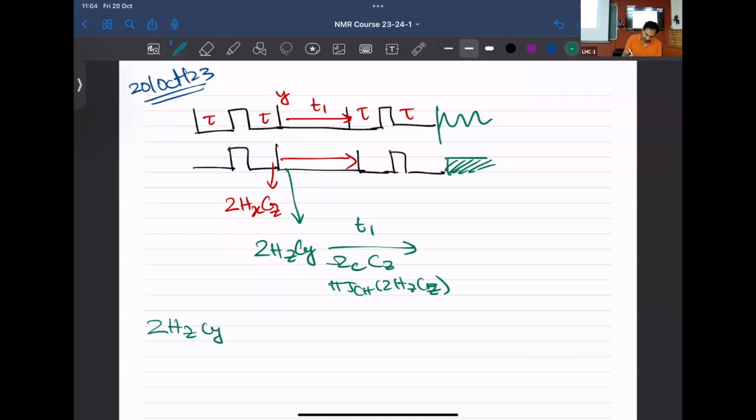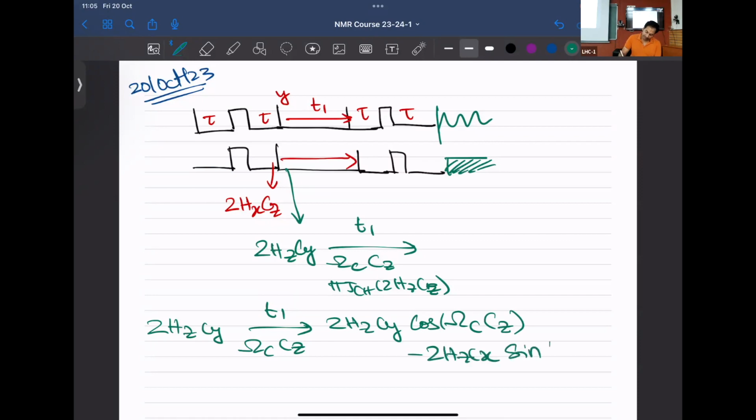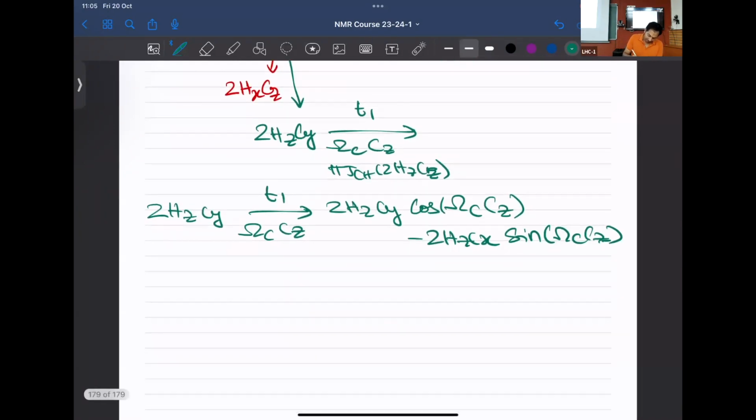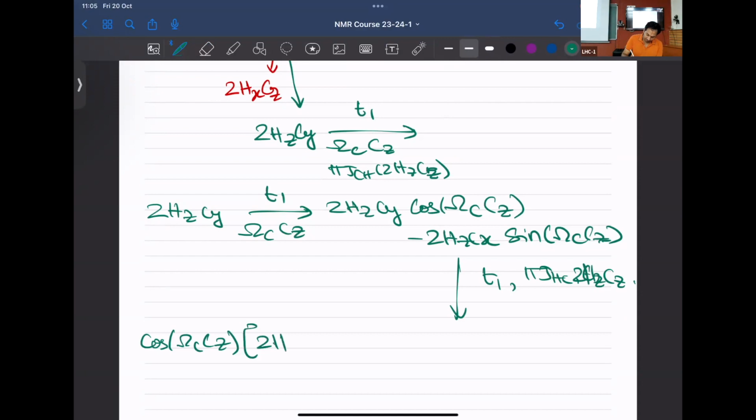So 2HZCY evolving under T1 of omega C CZ will give 2HZCY cos omega C T1 minus 2HZCX sin omega C T1. Right? Now, when I have both of them and I'm trying to evolve it with T1 and pi J HC to CZ, HZCZ, what you're going to get is cos omega C T1. Yes, that's correct.